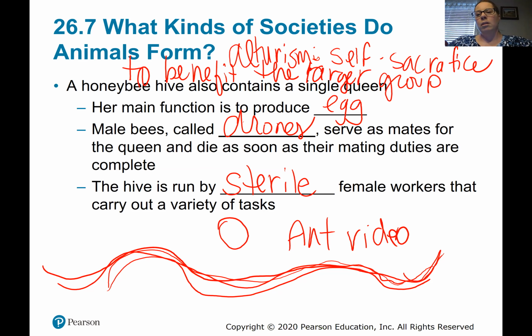The sentinel basically sacrifices itself. It stays up there, makes the noises and does the warning, and it's at a higher risk of being snatched by a predator than the others, but they do that to protect the group. And that's called altruism.